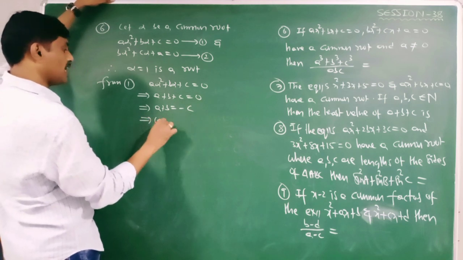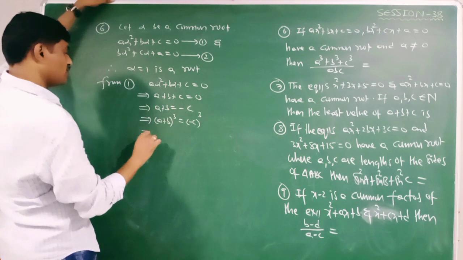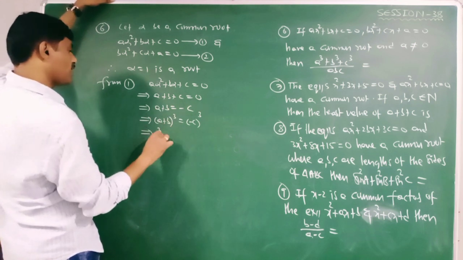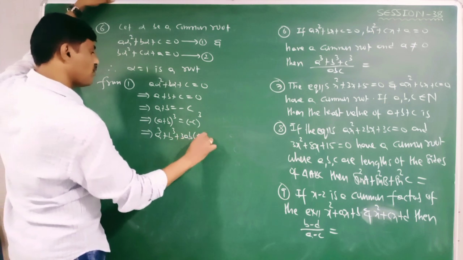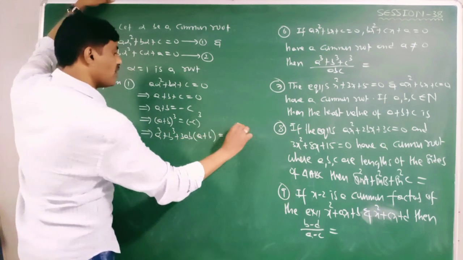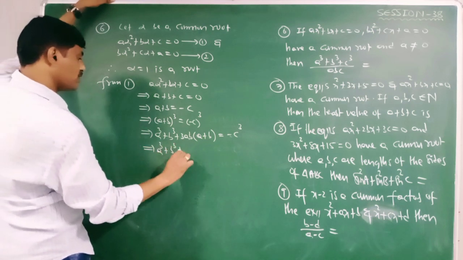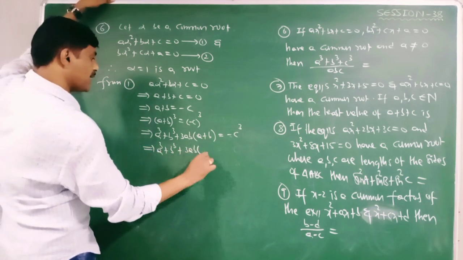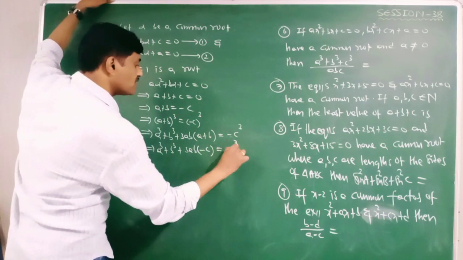Cubing on both sides, (a plus b) whole cube is equal to minus c whole cube. Once you expand, a cube plus b cube plus 3ab times (a plus b) is equal to minus c cube. This is a cube plus b cube plus 3ab times, and a plus b is actually minus c, is equal to minus c cube.